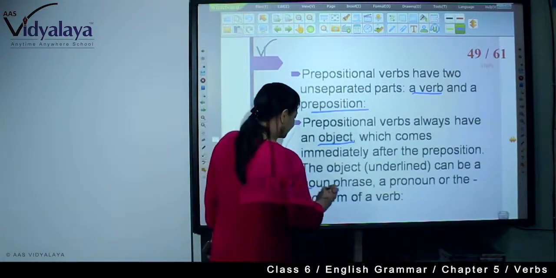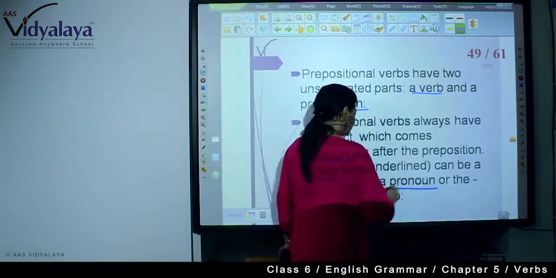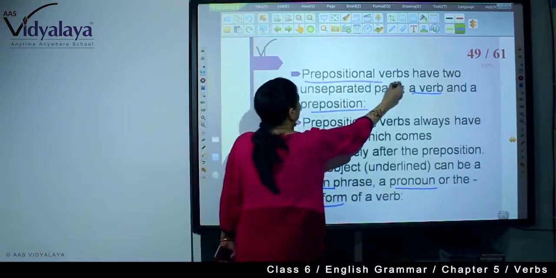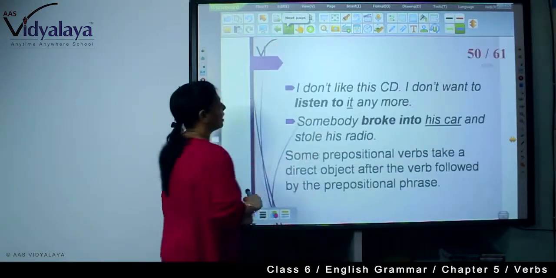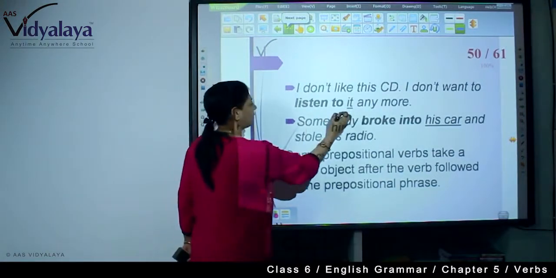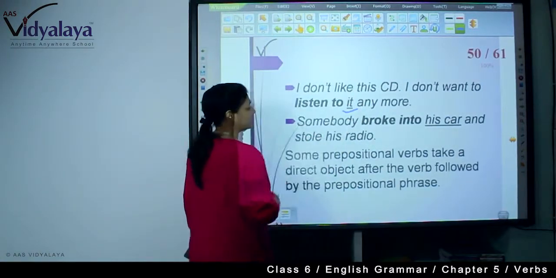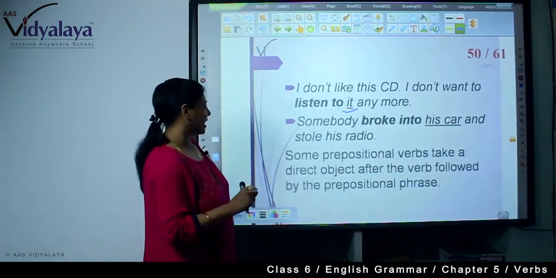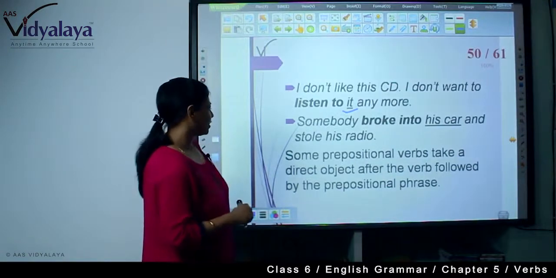The object can be noun, pronoun, or the ing form in the prepositional verb. "I don't like this CD. I don't want to listen to it." Here, see, this is the object. "Somebody broke into his car and stole his radio."